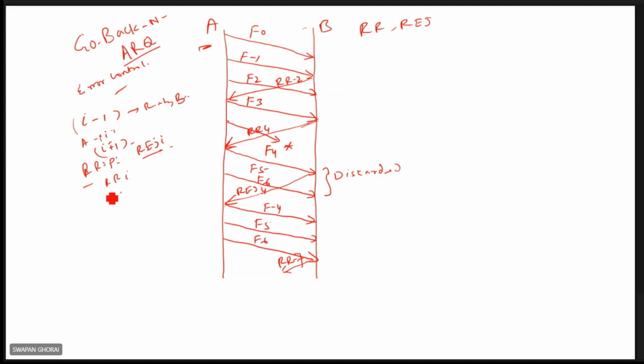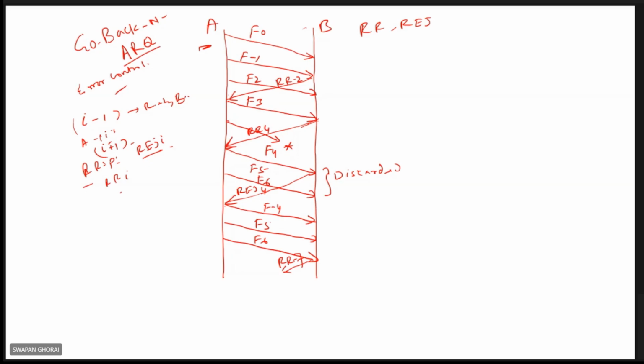A similar thing happens for a damaged acknowledgement. B receives frame i and sends RR i+1, meaning it received i and the next expected is i+1, but that is in error. Since the acknowledgement is cumulative in sliding window flow control, A will continue to transmit, and B will send another acknowledgement.